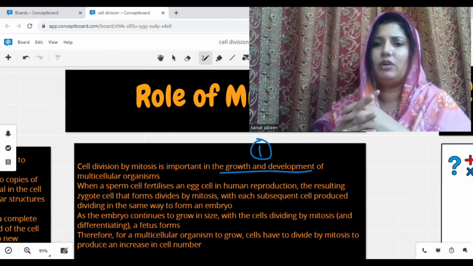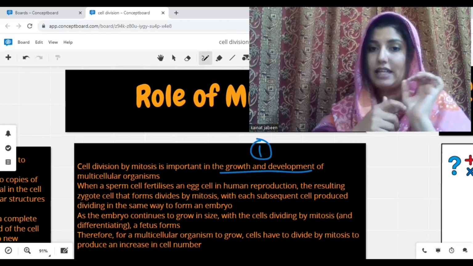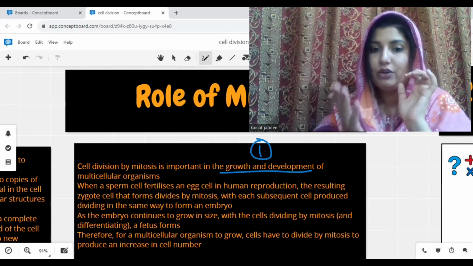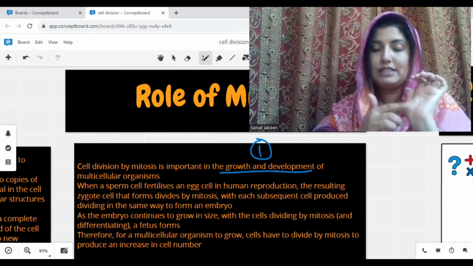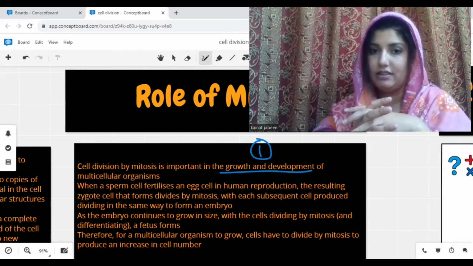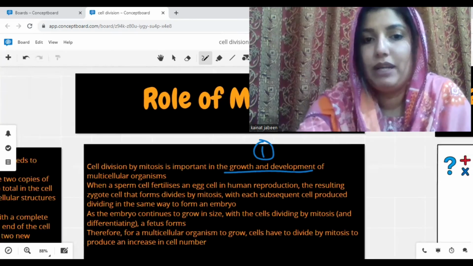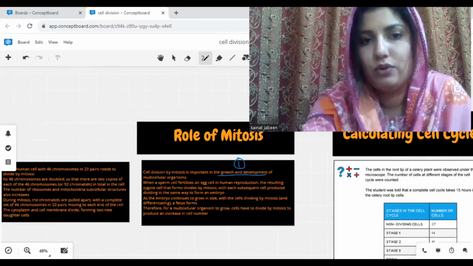For example, if we get a wound or injury, the skin has to regrow. How will it regrow? Through the mitosis process. The skin cells do mitosis and new cells form and we get healed. So mitosis is the important step for the development and growth of living organisms.